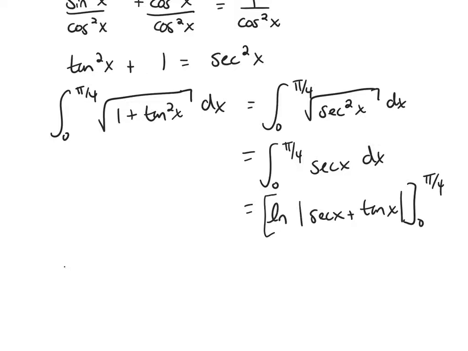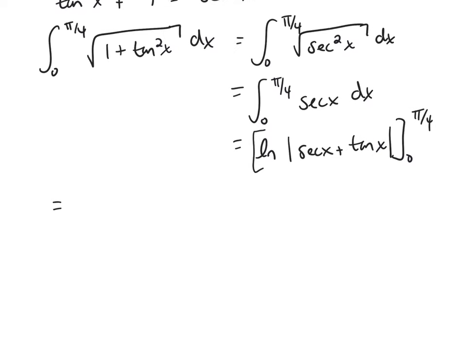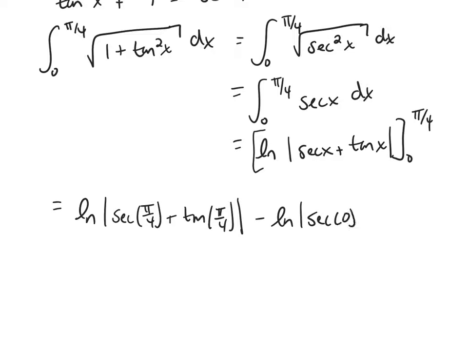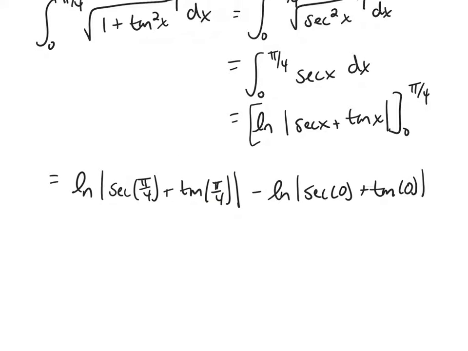So now you're going to plug in top number minus bottom: ln of secant of pi over 4 plus tangent of pi over 4, minus ln of secant of 0 plus tangent of 0. Secant is 1 over cosine, so this is going to become the square root of 2.